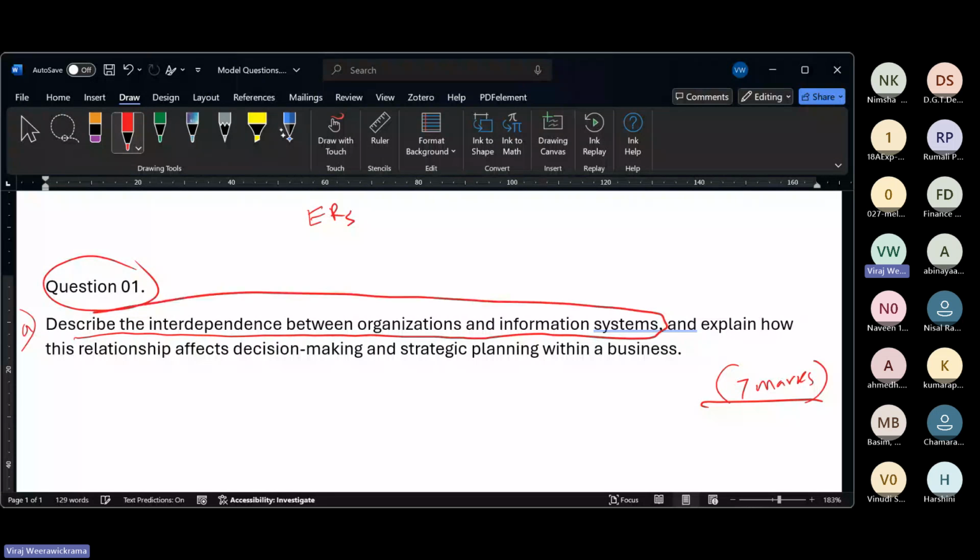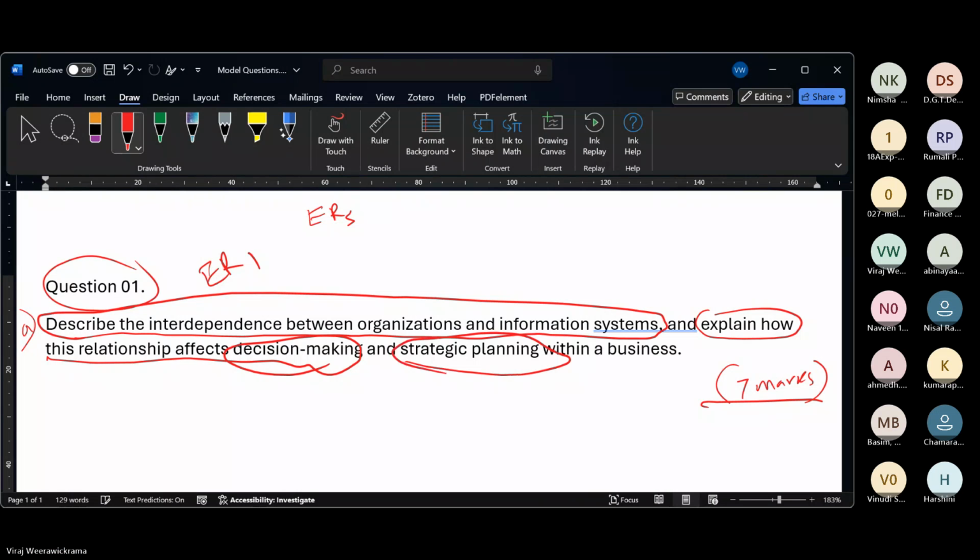This is one requirement, we call it ER1. And then: explain how this relationship affects decision making and strategic planning within a business. Clear what it says? That's ER2.